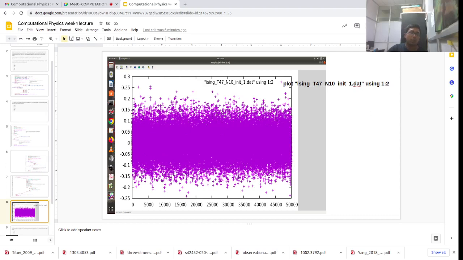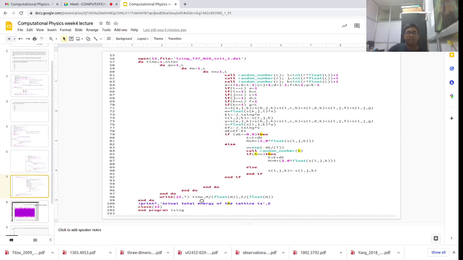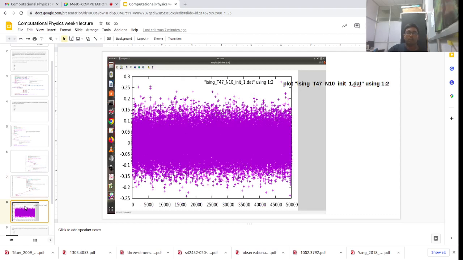That means in this question you see the time, magnetization and the energy per unit spin you need to calculate, and then you have to plot the time and initial magnetization. So you will have a data file with 3 columns, where the first column is the time, that means the number of iterations, and the second one is the initial magnetization, and for this question you have to plot those two against each other.